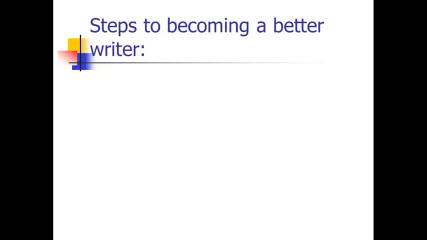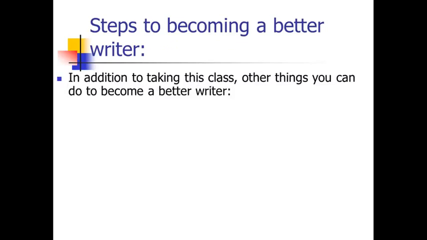So here's some things you can do to help improve your writing. Besides taking this course, here's a few things to do. Reading is a really good way to learn to be a better writer. Read sources of professional good writing like magazines, novels, nonfiction books, not necessarily the scientific literature.